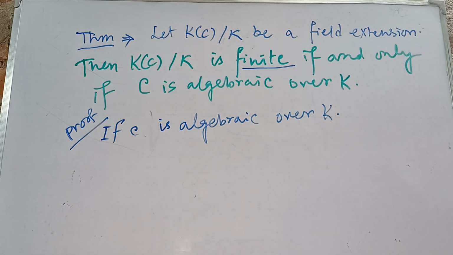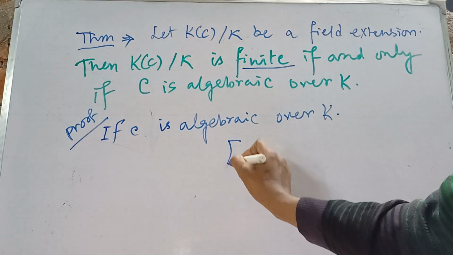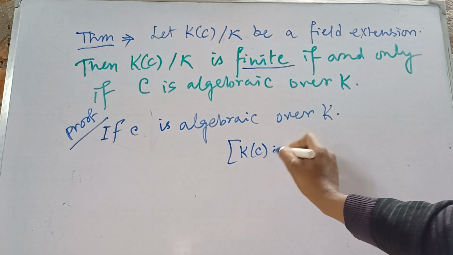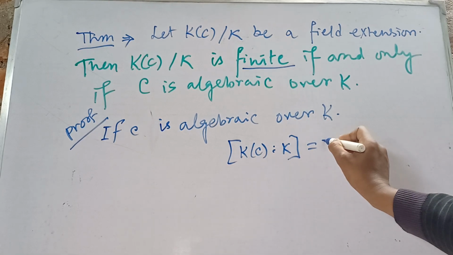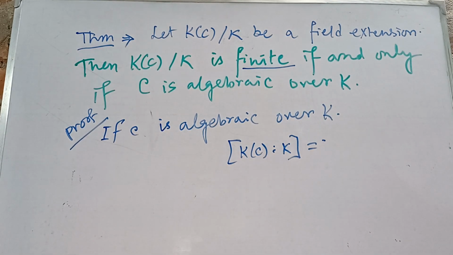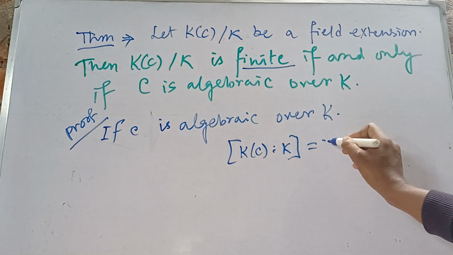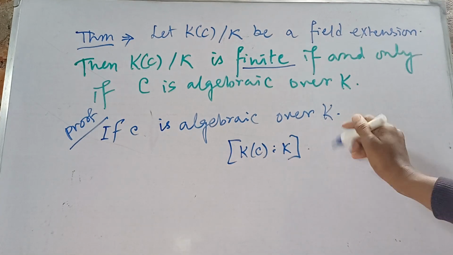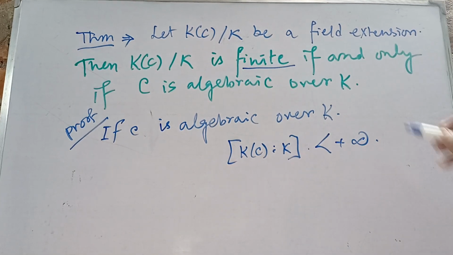From some corollary we know that this degree of K(c) over K is equal to some finite number. That means this is less than plus infinity, some finite number.